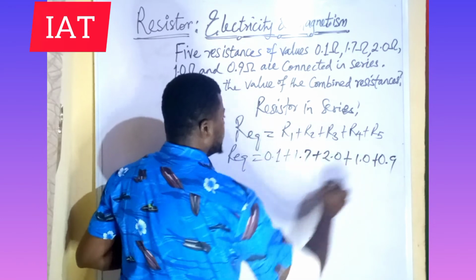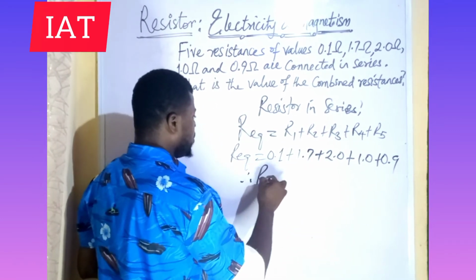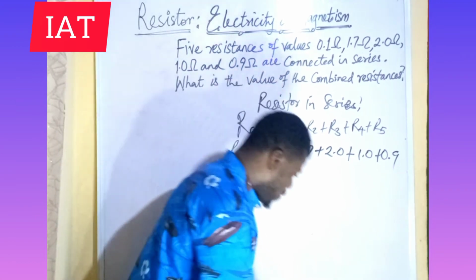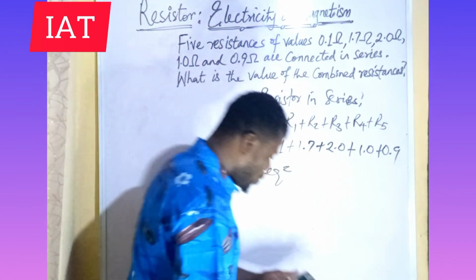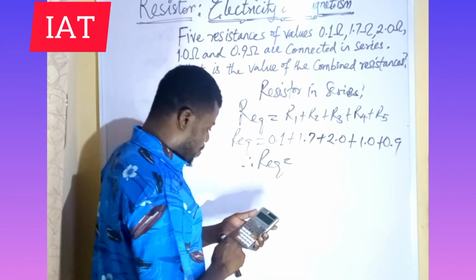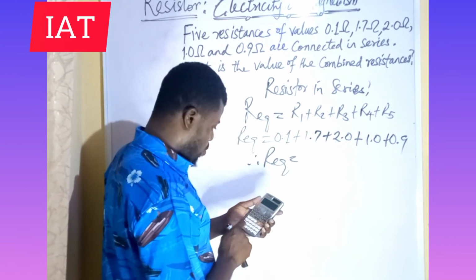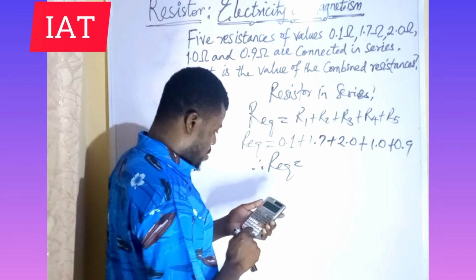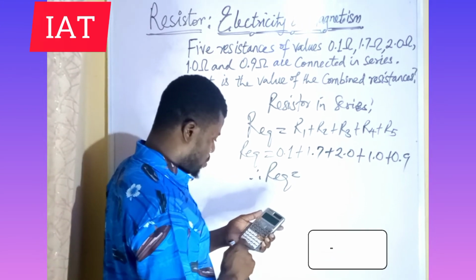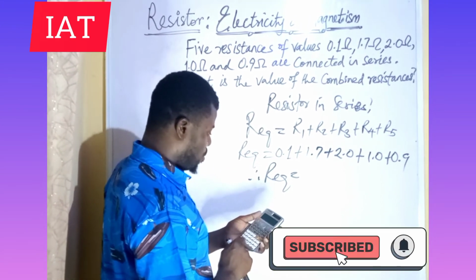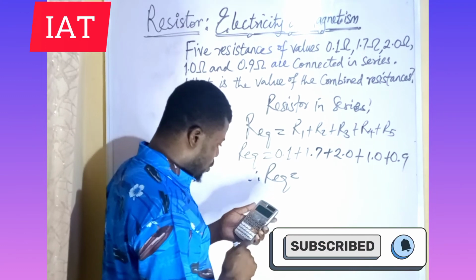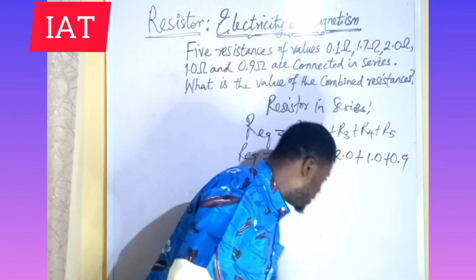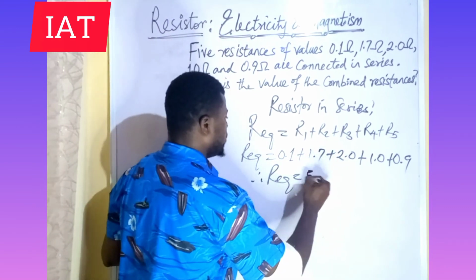Therefore, R equivalent equals, let's check the sum of all these values. 0.1 plus 1.7 plus 2.0 plus 1.0 plus 0.9, and the result is 5.7.